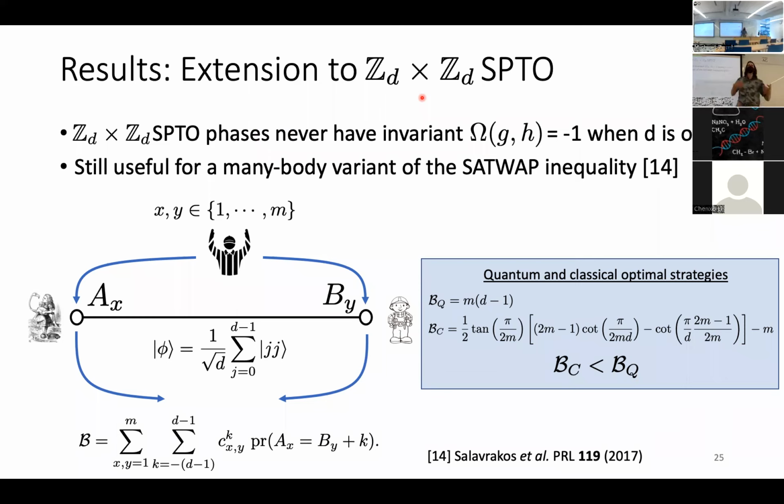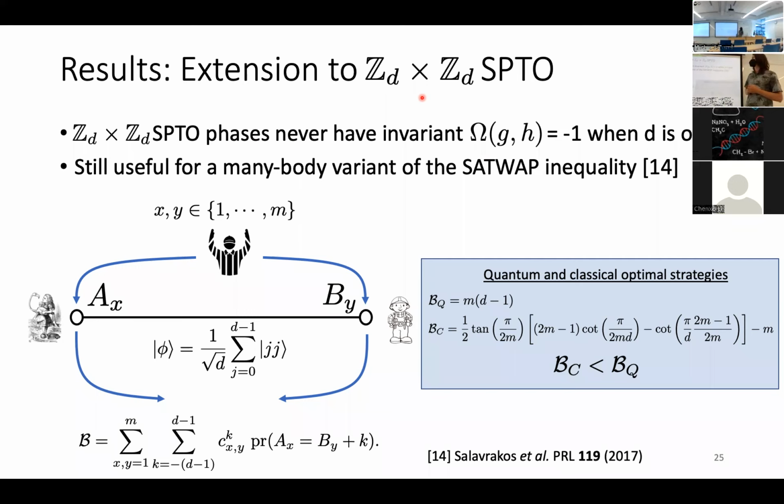So you can consider that odd-dimensional cluster states are not necessarily useful for this task, right? But it could be interesting to ask whether there are indeed some non-local games that have some separation against the degree of correlations I can get from the best classical strategy in odd dimensions, such as the so-called SATWAP inequality.